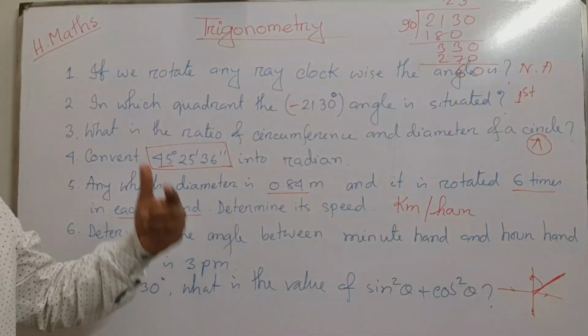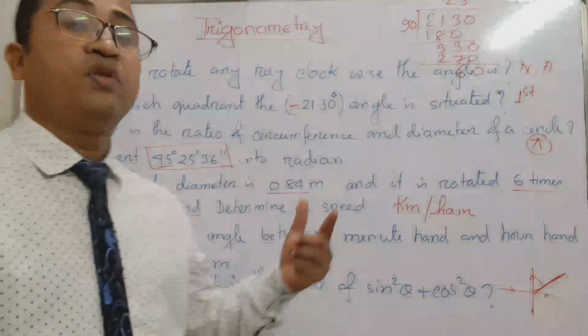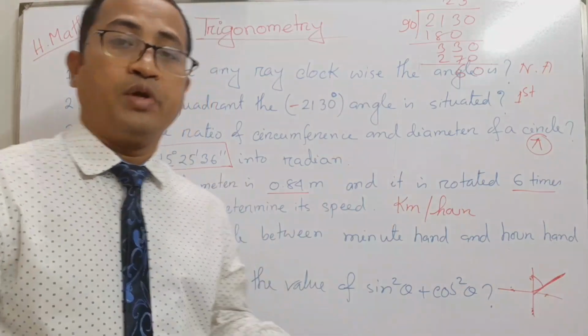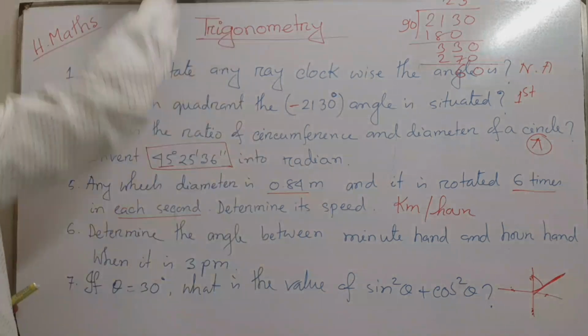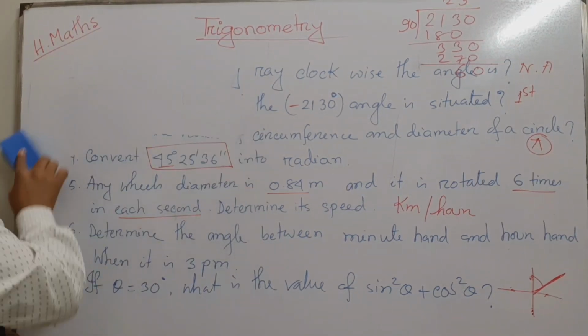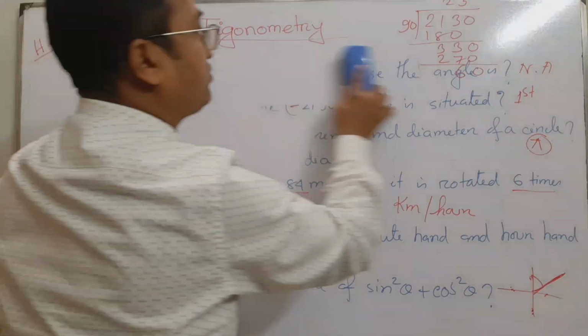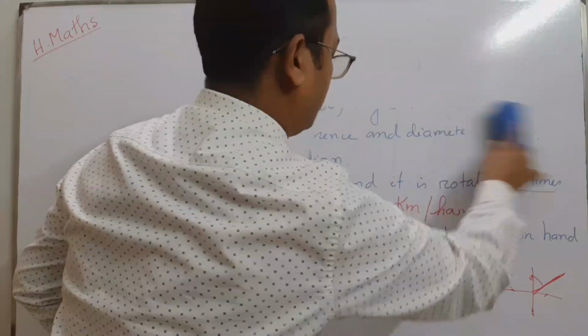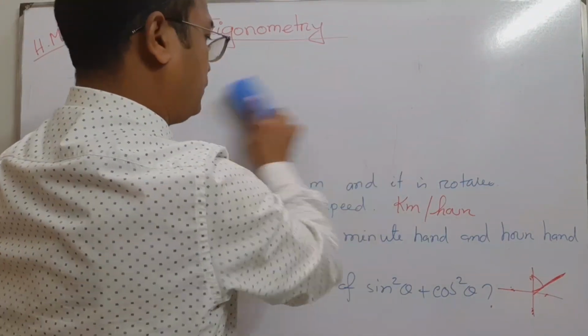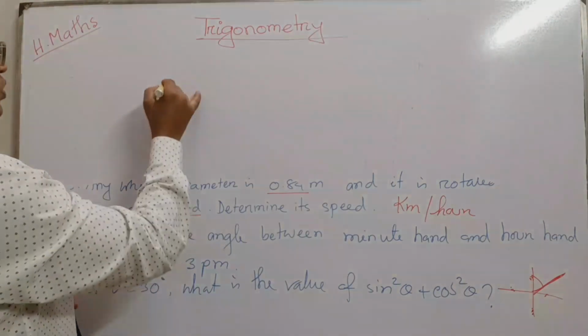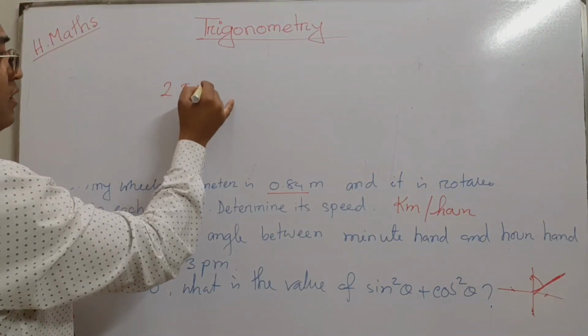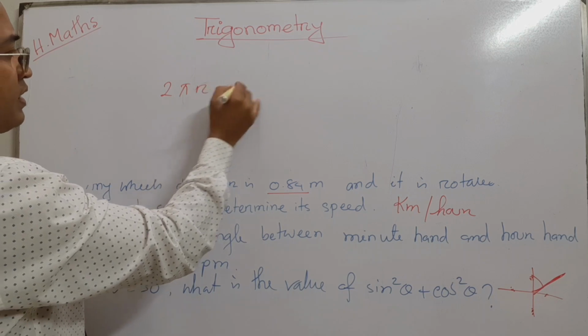At first, you should identify the circumference of the wheel. The diameter is given. We know the circumference of a circle is 2 pi r.